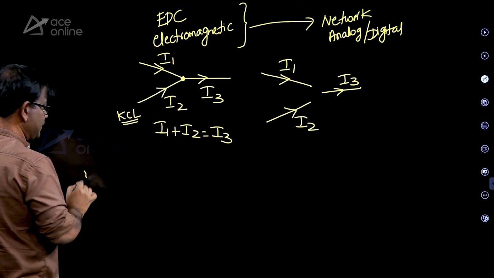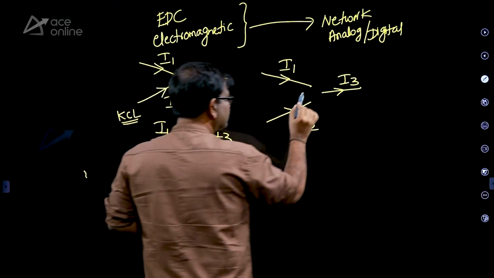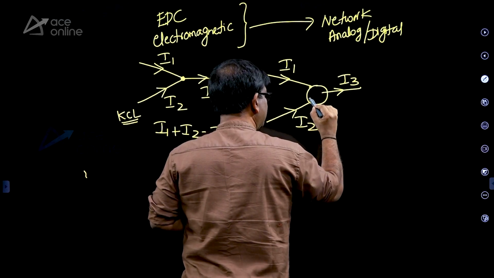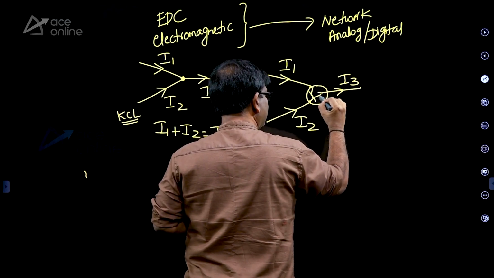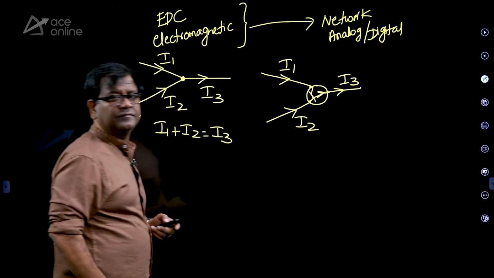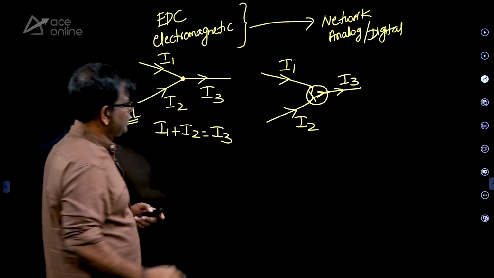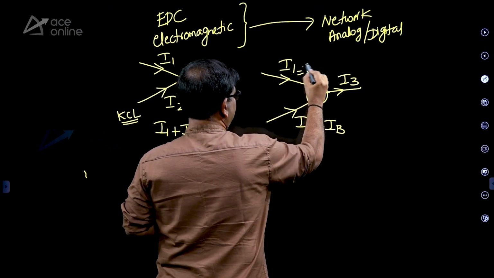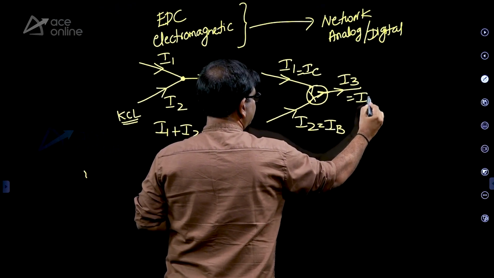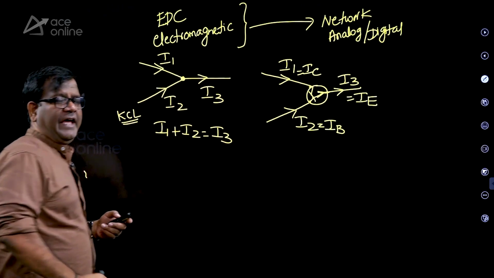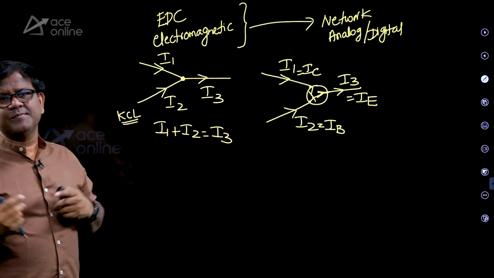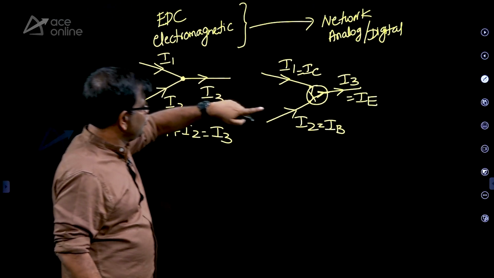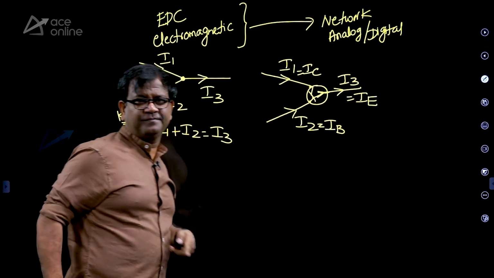Now, what happens if I make this node a little big here and I stuff something like a BJT here inside, right? So this becomes the base current, this becomes the collector current, and this is the emitter current. So can you see? The effort in analog is extremely simple when you compare with EDC. In EDC or electromagnetics, you talk about the interactions inside.